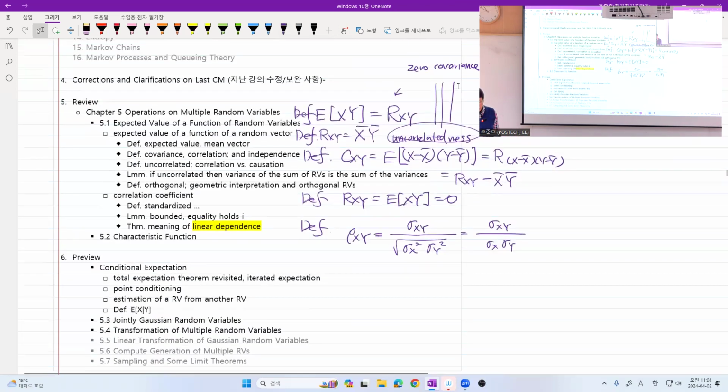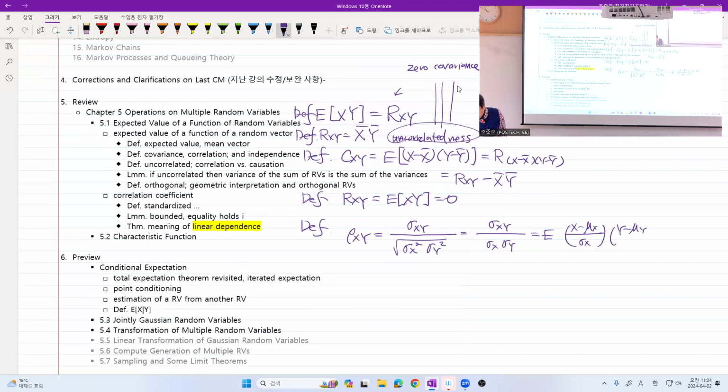That is very important. It can also be written as the standardized version of X times the standardized version of Y.